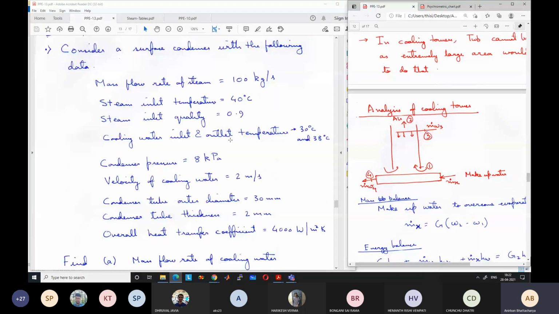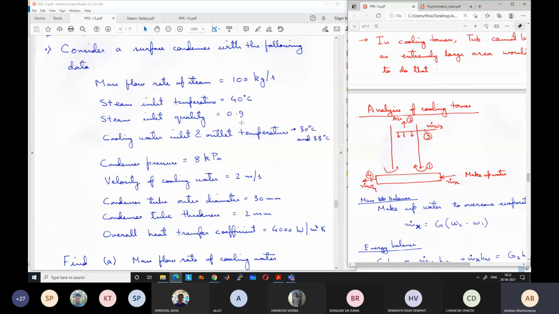So some realistic values are given here, so that you get a feel of what type of values are involved in real life. The steam inlet temperature is 40 degrees centigrade and the inlet quality is 90%, 0.9. This is the quality of the steam coming from the turbine exhaust.